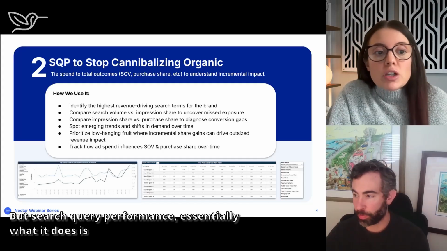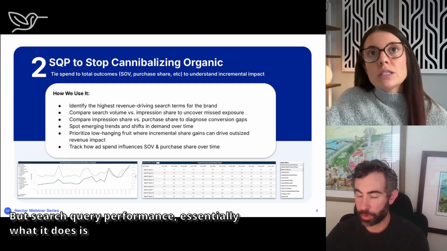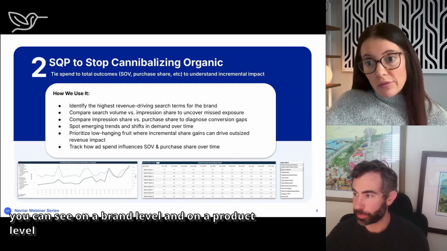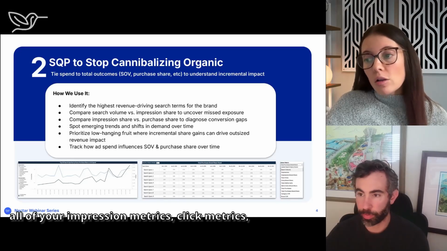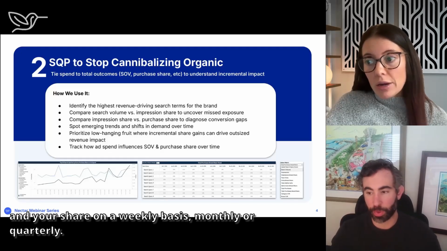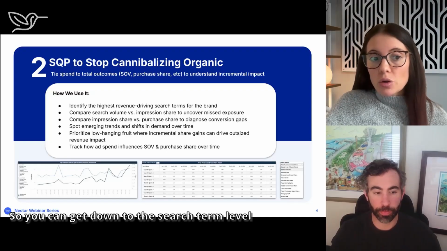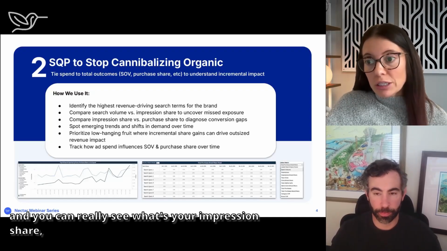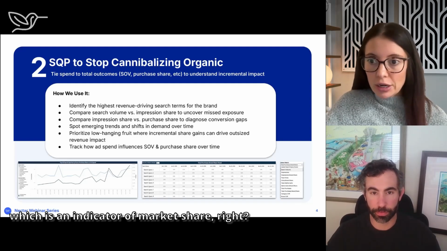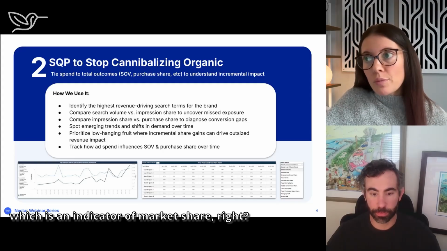But search query performance, essentially, what it does is you can see, on a brand level and on a product level, all of your impression metrics, click metrics, and your share on a weekly, monthly, or quarterly basis. So you can get down to the search term level and really see what's your impression share, your click share, your add to cart share, and your purchase share, which is an indicator of market share, right?